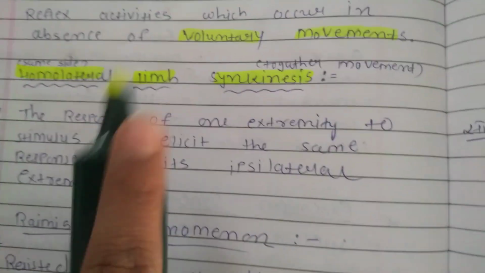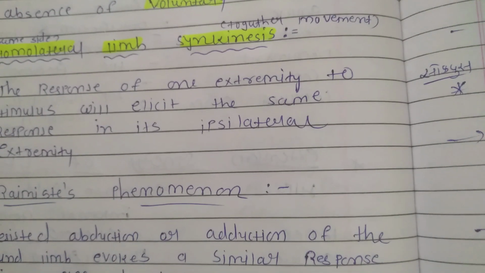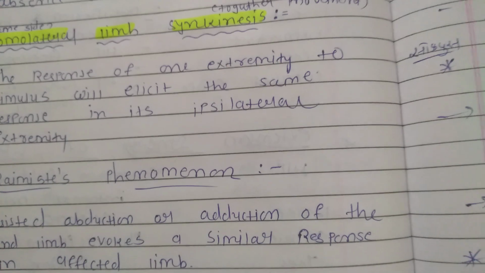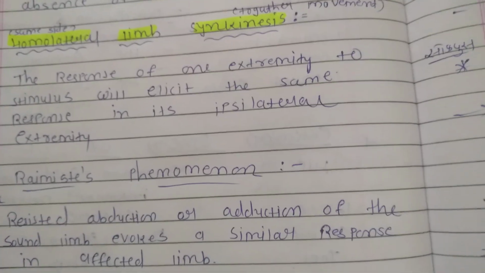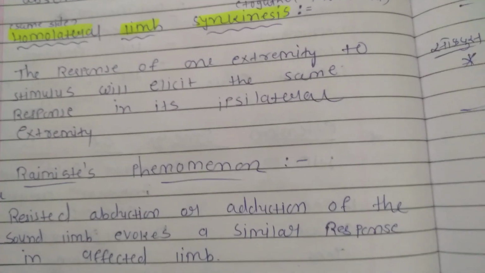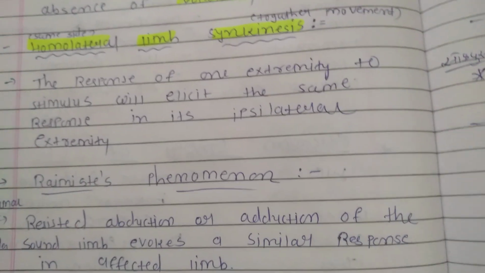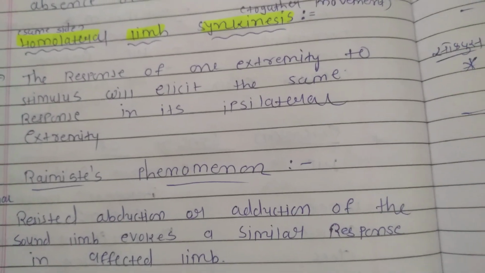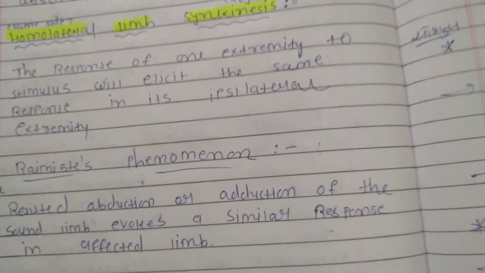This means there will be a together movement on the same side. In easy words, if we ask the patient to do shoulder flexion, the patient will do shoulder flexion along with hip flexion.